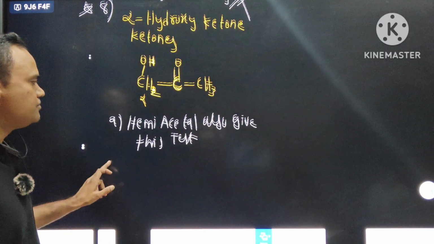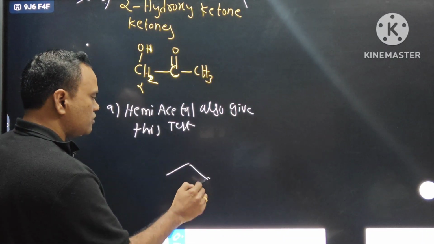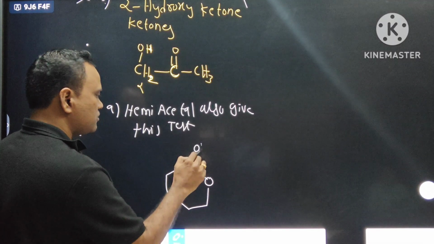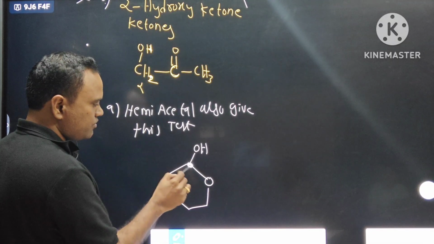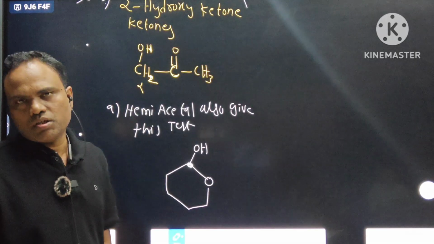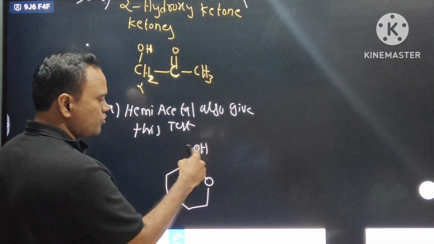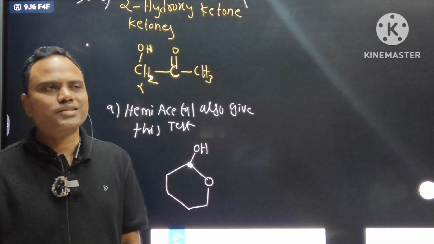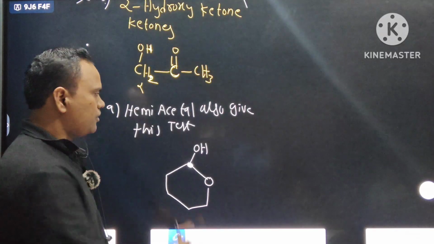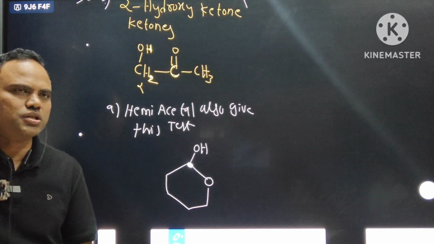To one carbon, OR is present and OH is present. This is called a hemiacetal. To that carbon, OH and OR are there. If two OR groups are present, that is an acetal. Hemiacetals also respond to the Tollens test. These are additional cases.